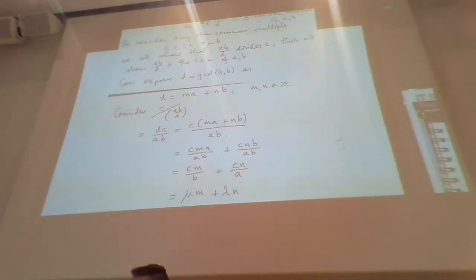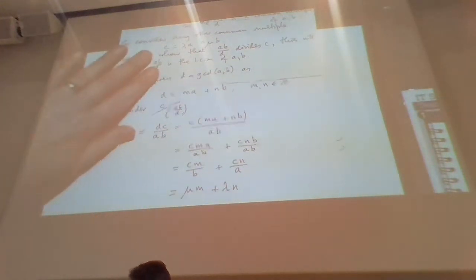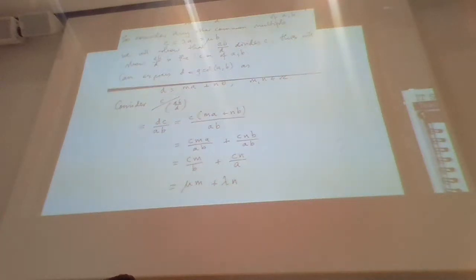So the result is mu times M plus lambda times N. And the point about getting to this stage is now I can declare that this is clearly an integer, because it's just a product and a sum of integers. That's the conclusion there. That's why I wanted to do that.